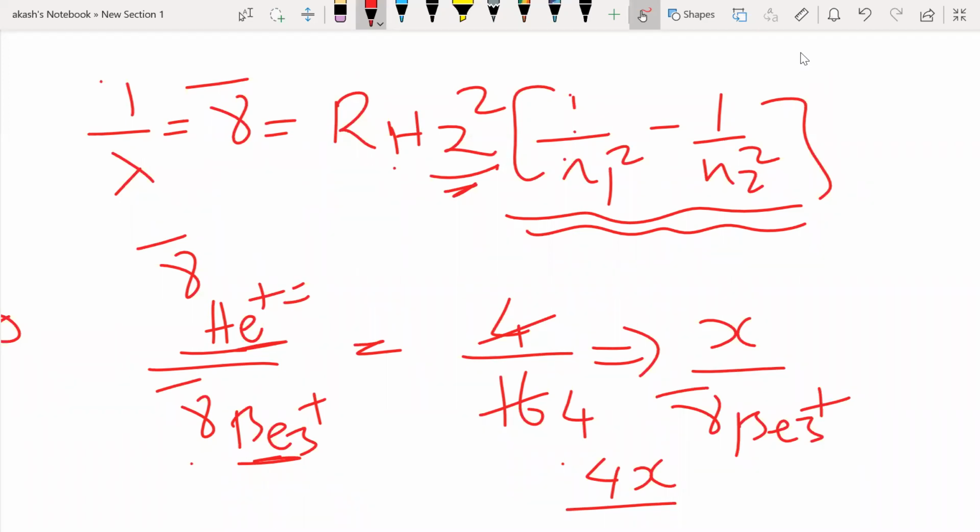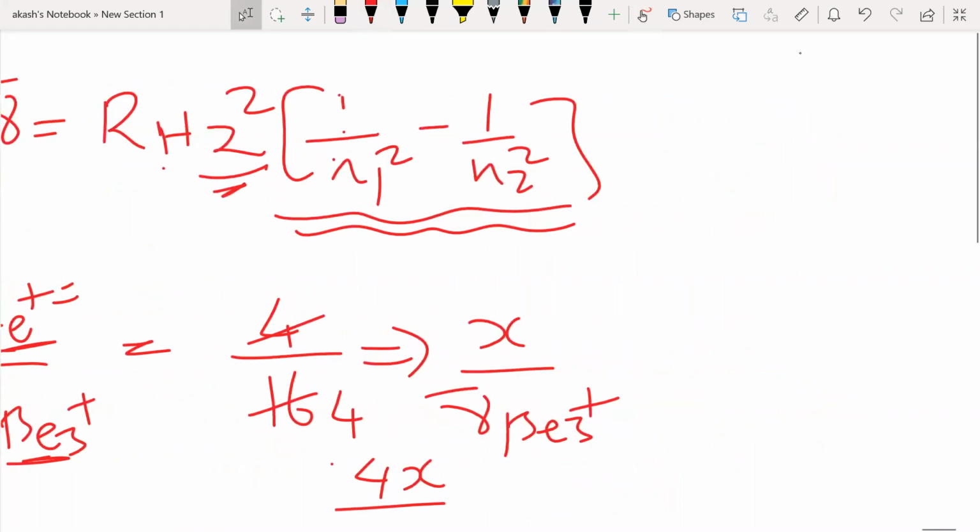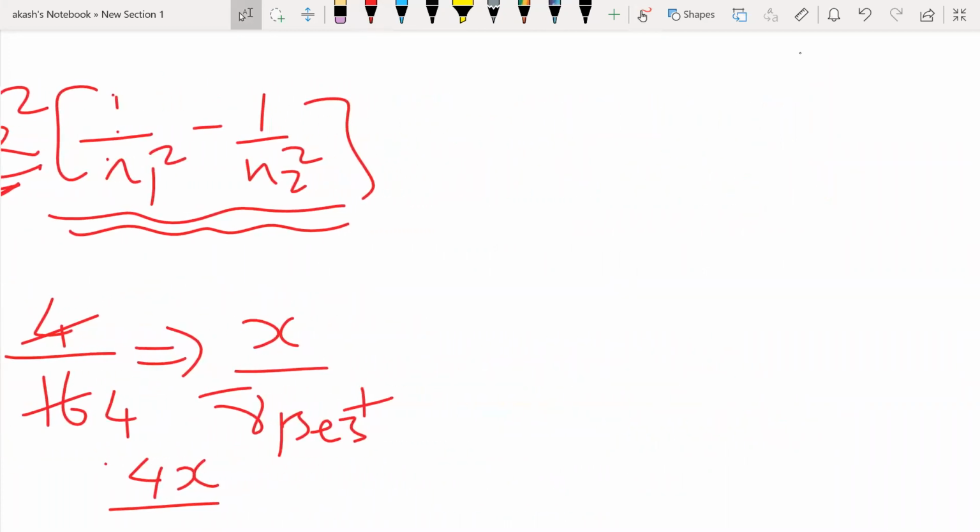Even if they didn't give you the first statement, you would be able to calculate the energy of the first stationary orbit of Li2 plus. It's just going to be a formula. The answer is given in terms of joules per atom, but when we go for the actual values, it will be in terms of joules per mole.